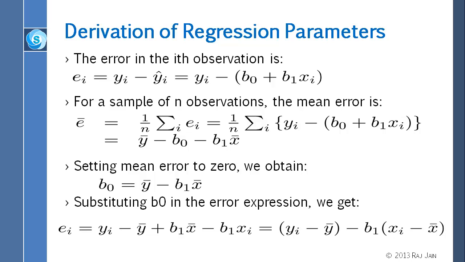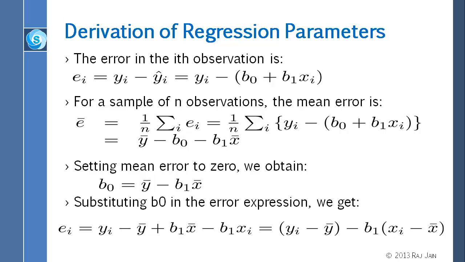But we know that y hat is b0 plus b1x, so the error is yi minus this quantity, and this would add up to 0. Y bar minus b0 minus b1 x bar, this is one equation we get, equal to 0.